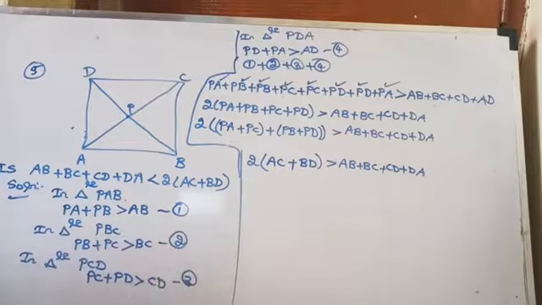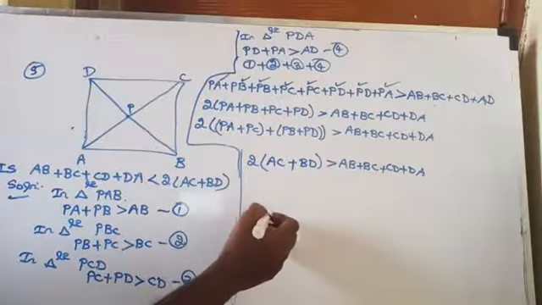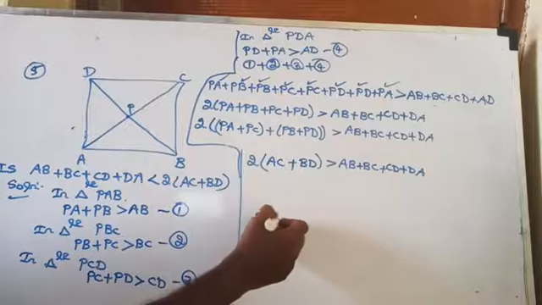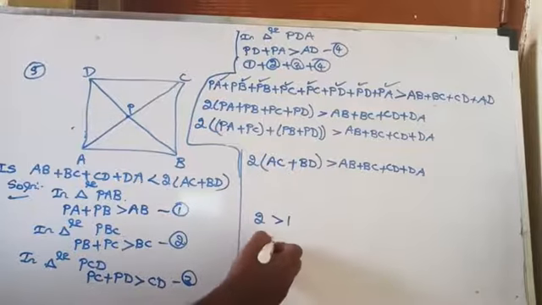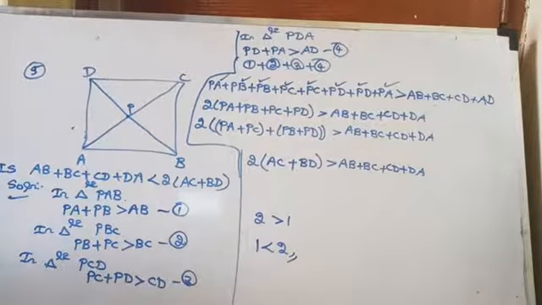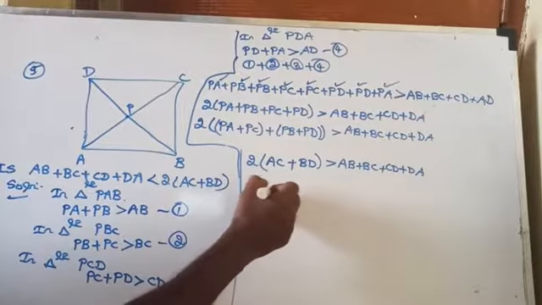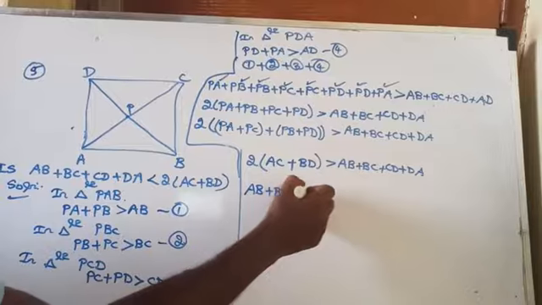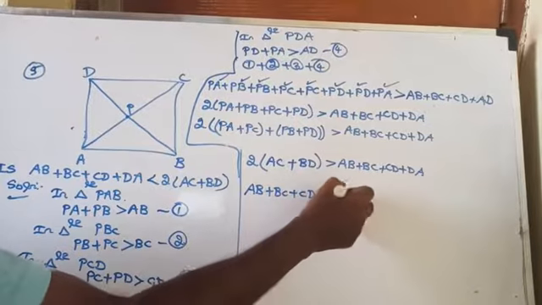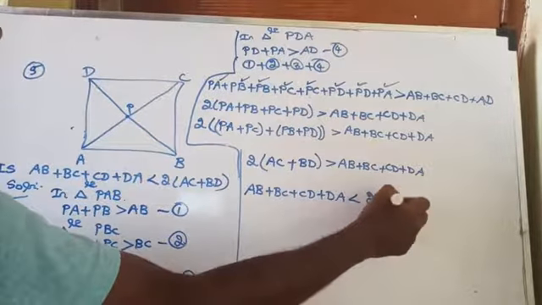If 2 is greater than 1, can we write it as 1 less than 2? Yes, obviously you can write. So here you can write AB plus BC plus CD plus DA is less than 2 times AC plus BD.